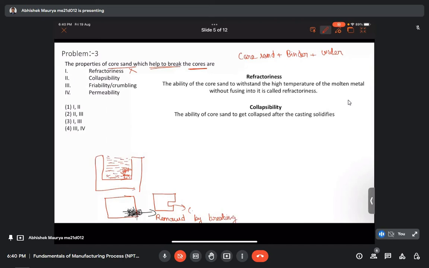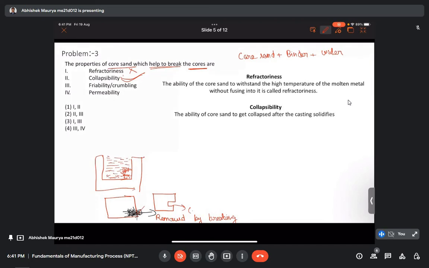That's why it is very desired that the core should collapse. So yes, this is the desirable property with respect to the breaking of the cores after solidification of the casting. So the second is correct. What is friability?